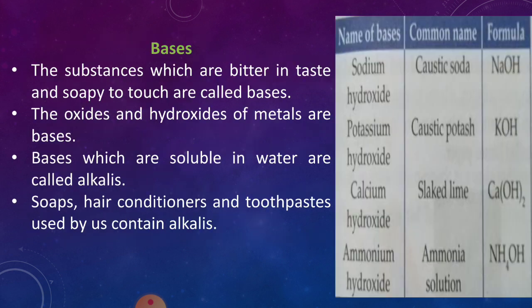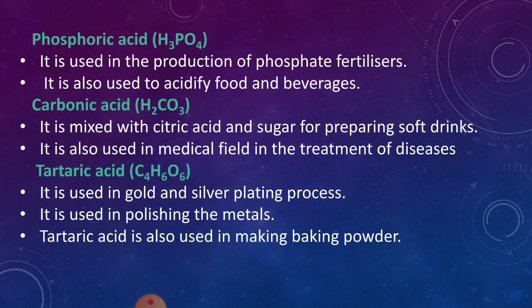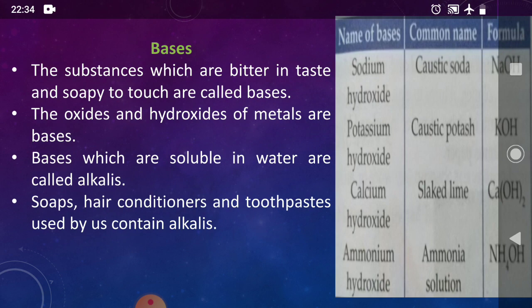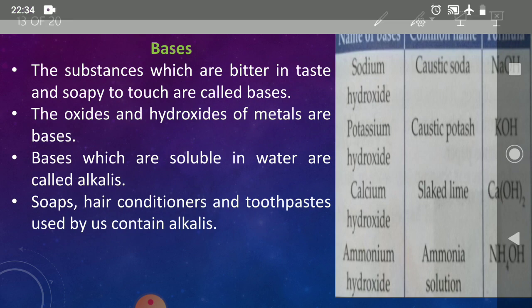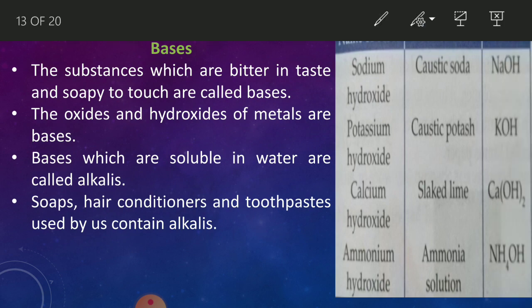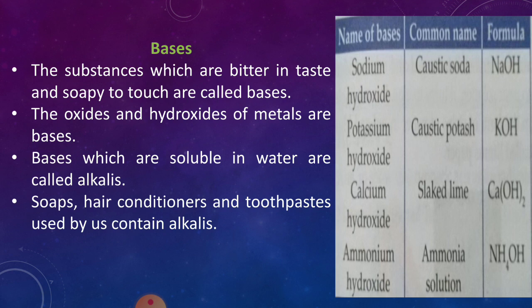Now, bases. Before starting bases, I just want to tell you about acid rain. What is acid rain? Some acidic gases like carbon dioxide, sulfur dioxide or nitrogen dioxide are present in air.